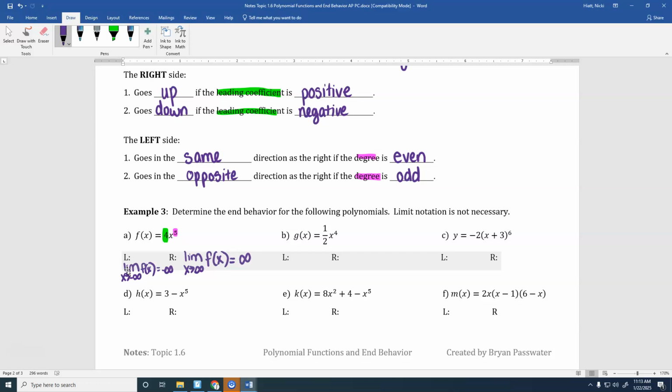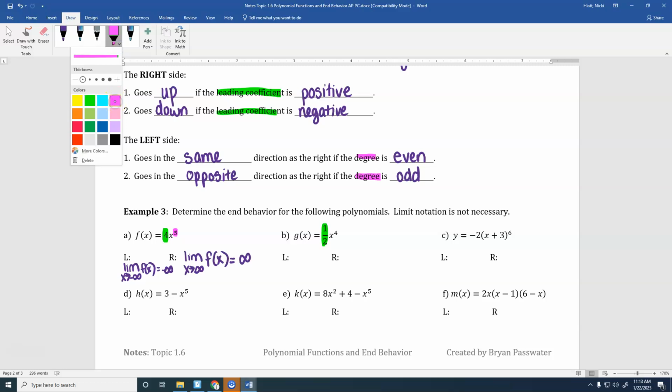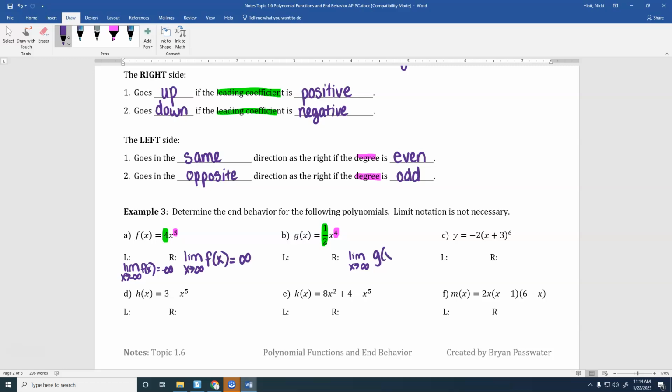Okay? So if I look at B, I have a leading coefficient that is positive, and I have an even degree on that. So leading coefficient, think about the right. That's the limit as x approaches positive infinity of, this function's called g of x, so I want to do g of x, not f of x here.